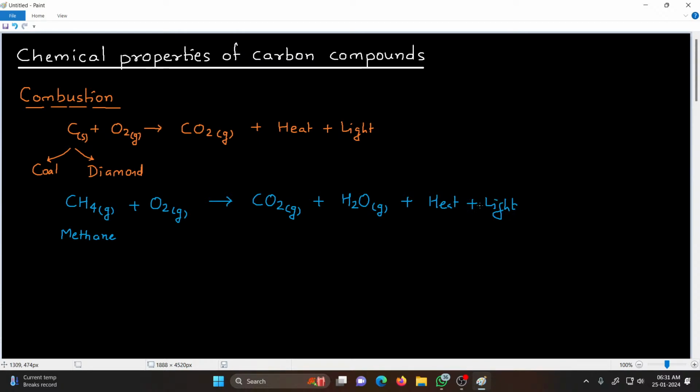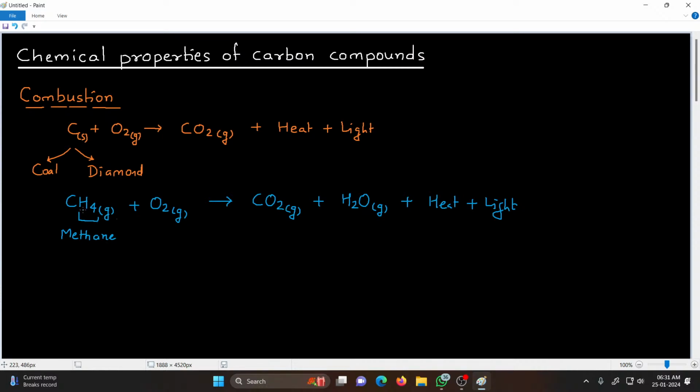So see, all these reactions are exothermic because energy is given out in all these reactions. So all these substances are used as fuels. For example, CNG is used in vehicles or for the production of electricity. Here this reaction is not balanced, so we have to balance it.